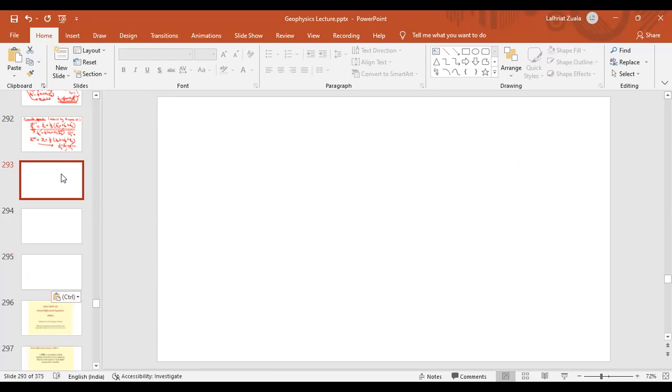I will discuss it after this partial differential equation. So today we will just jump from ordinary differential equation to partial differential equation. Once we complete partial differential equation, then we will get back to the predictor corrector method of solving ordinary differential equation.